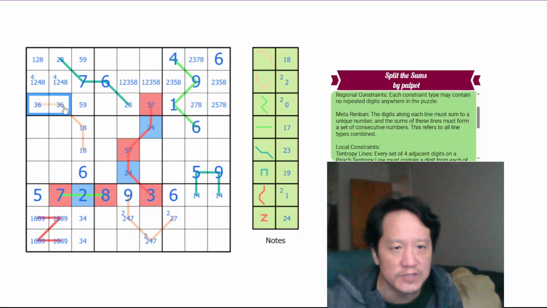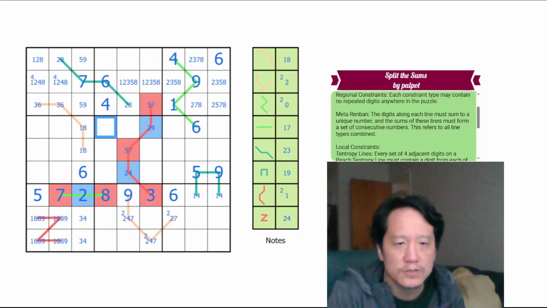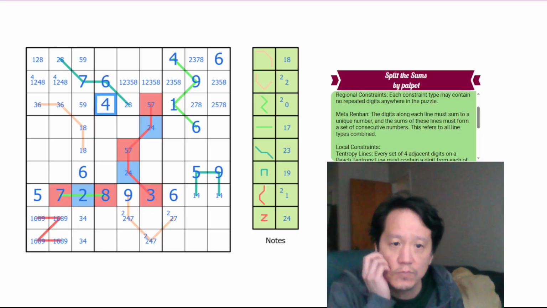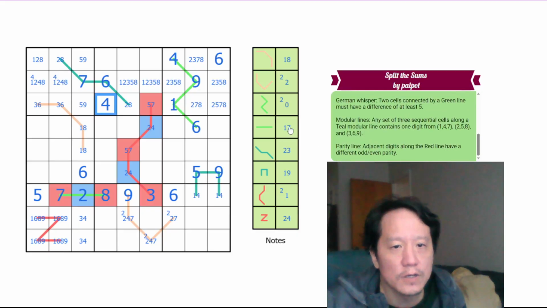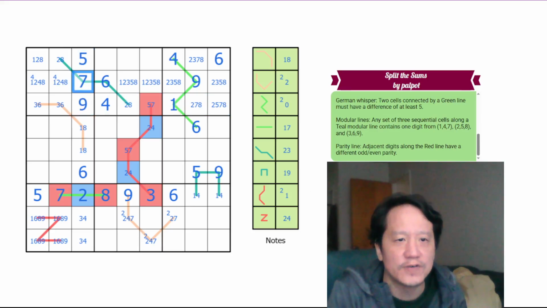Can't be here because of the entropy line, and the 4 having to be here, so 4 has to be here. So this is 4. Okay. We have a 2, 5, 7, 8 quadruplet in row 3, which eliminates 2, 5, 7, 8 in the rest of the row. So this can't be 5. This is 9, which makes this 5. Okay.